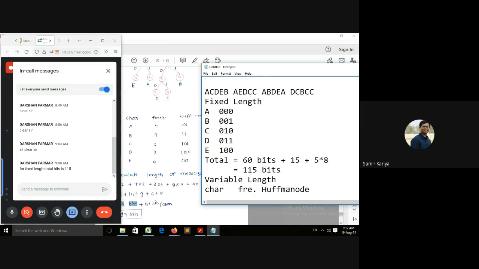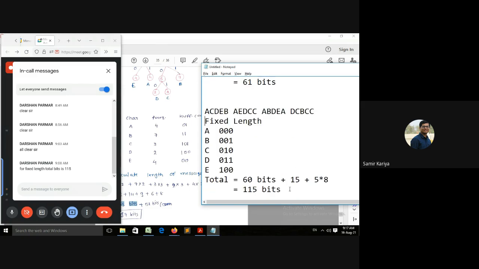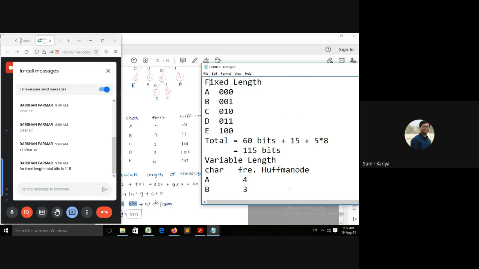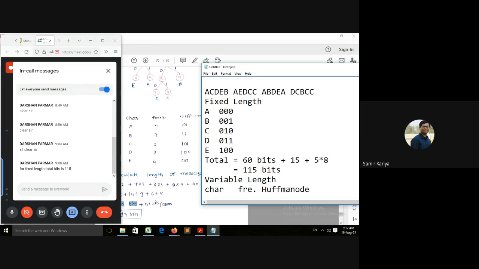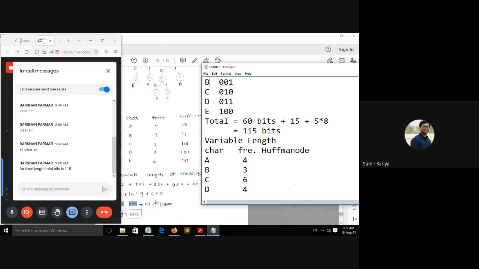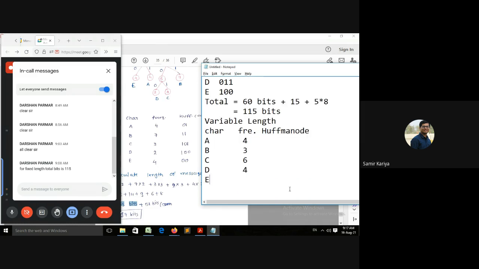B, that's 1, 2 and 3 only. C, 1, 2, 3, 3 plus 3, 6. D, that's 1, 2, 3 and 4. And E, that's frequency 1, 2, 3. Let's just simply make the total, here it's 20. Yes, 20. Now make the tree.